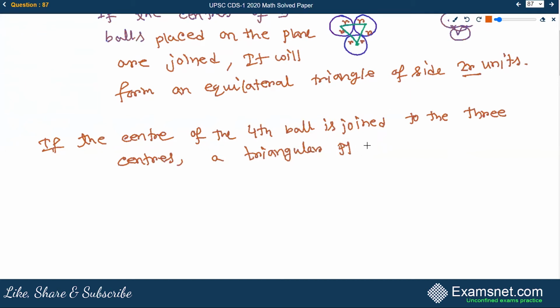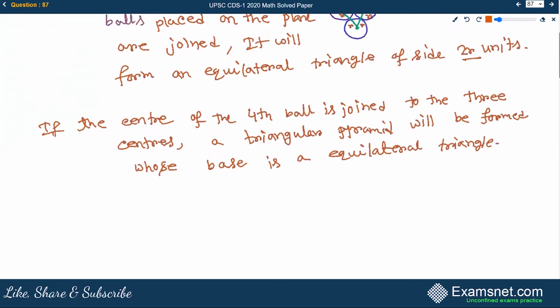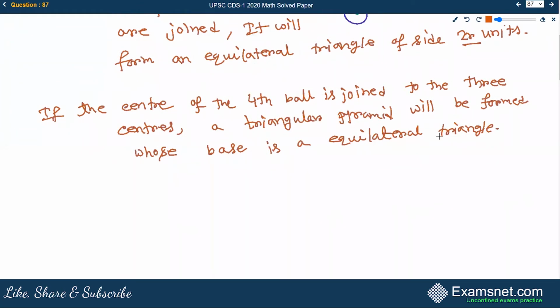Actually, if we place another ball on top of it, a triangular pyramid will be formed, whose base is an equilateral triangle. Whose base is this triangle. This is an equilateral triangle. Okay. Now, base of a triangular pyramid, that is an equilateral triangle.